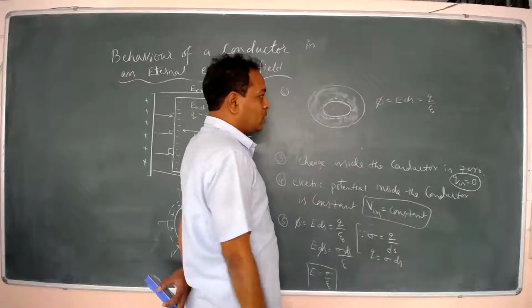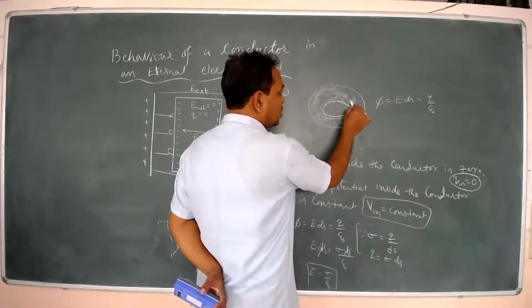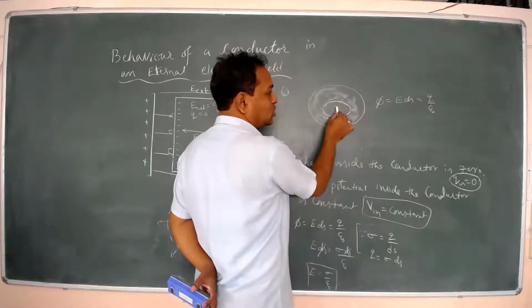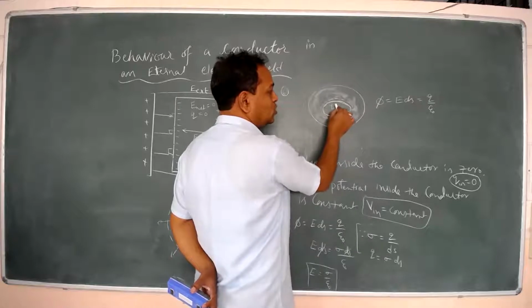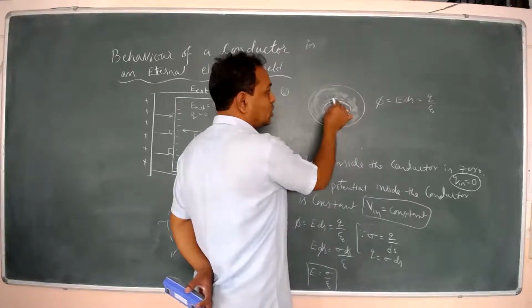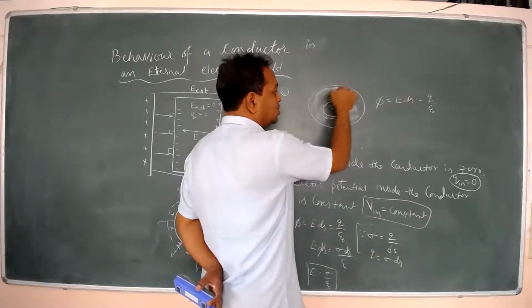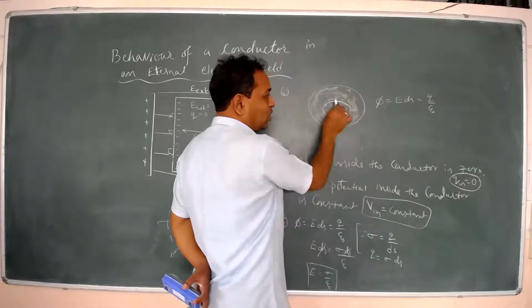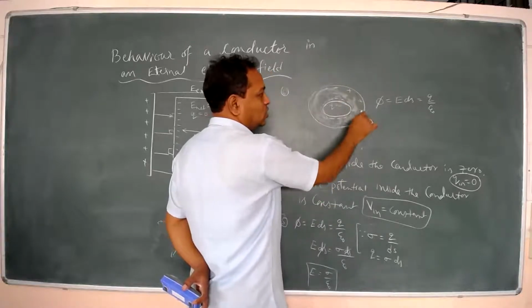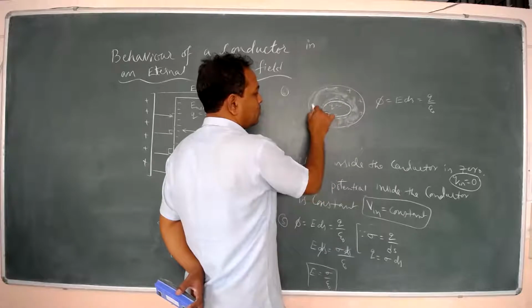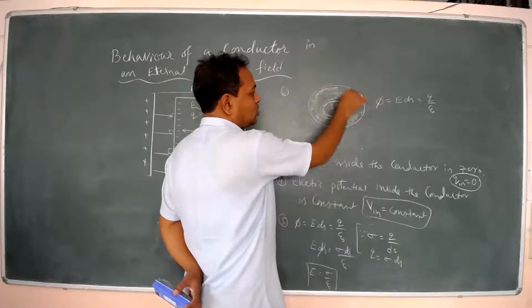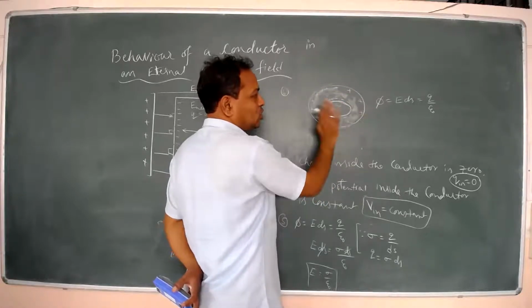But in this surface, is there any charge enclosed in it? Q is 0. No charge is there. Charge is only outside, on this conductor. In this cavity, no charge is there.